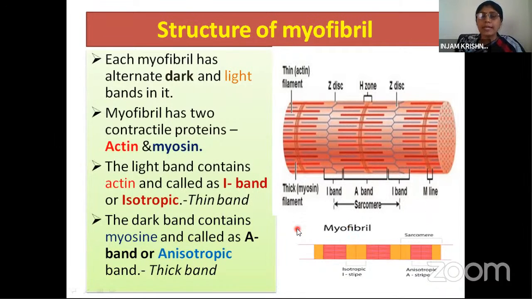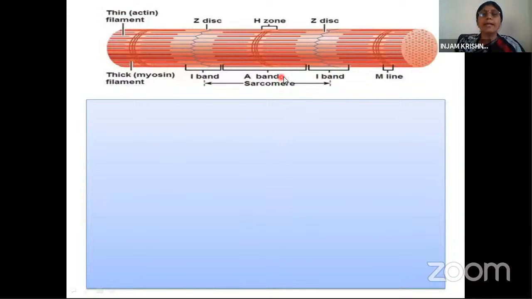Yes, we will discuss again in a detailed manner. See here. Thin filament, thick filament, actin and myosin. It is the I band, it is the A band, it is the I band again, and the M line. The M line is the center of the A band, and the Z disc is the center of the I band.